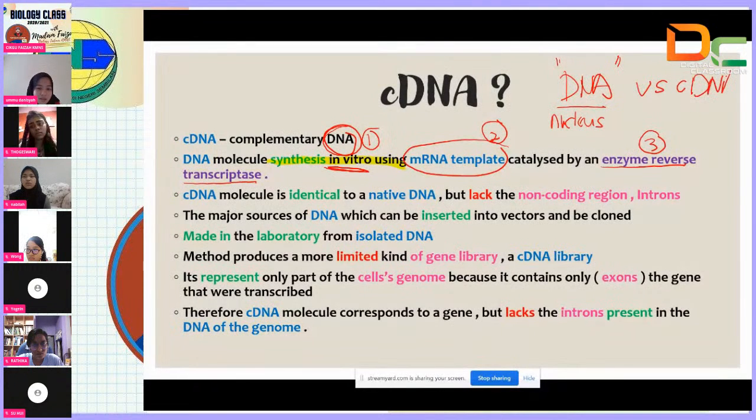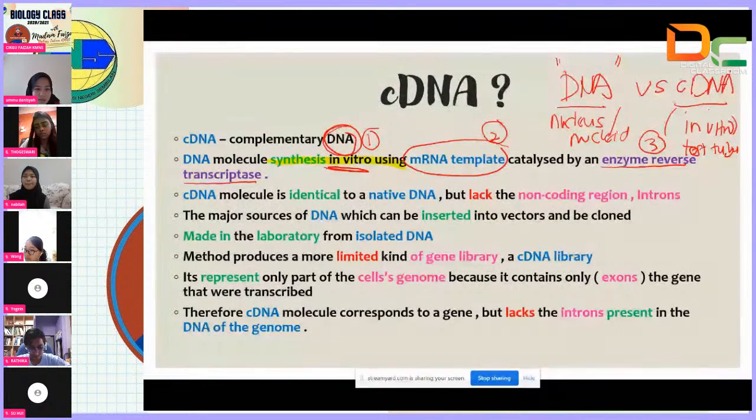DNA versus cDNA: DNA is in the nucleus or nucleoid. cDNA is in vitro. What does in vitro mean? A test tube, Umu. Like test tube babies, IVF. In vitro is the concept of producing the embryo or zygote outside, not inside the womb of the mother. So the same goes here.